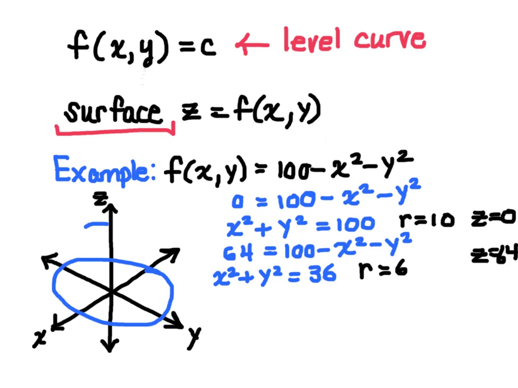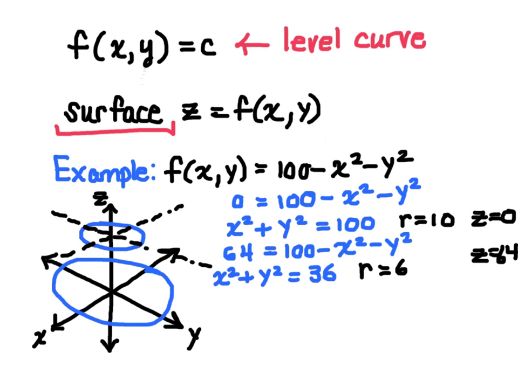So we would say our circle would be up here. Okay, so just to make that a little more understandable, this is parallel to our y-axis, and this is parallel to our z-axis. And what we have is a two-dimensional surface. This is a circle at a height of z equals 64.